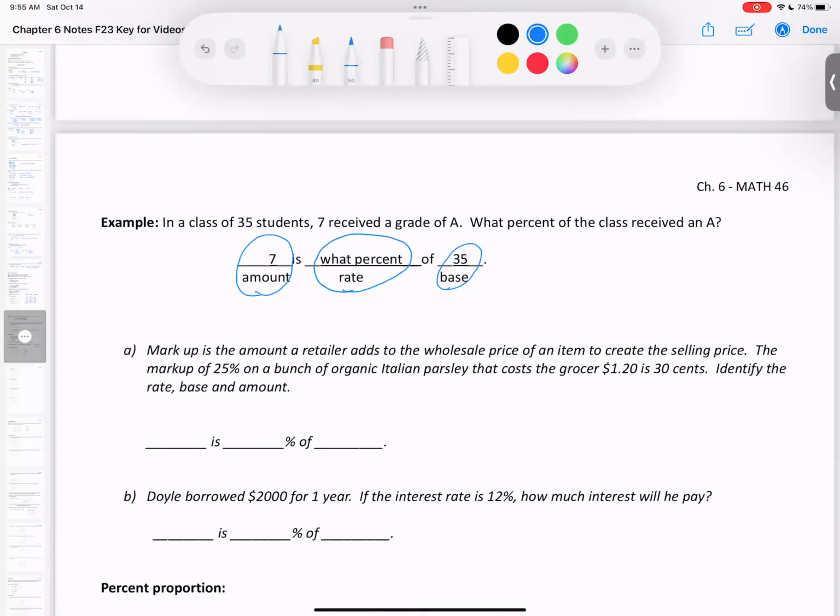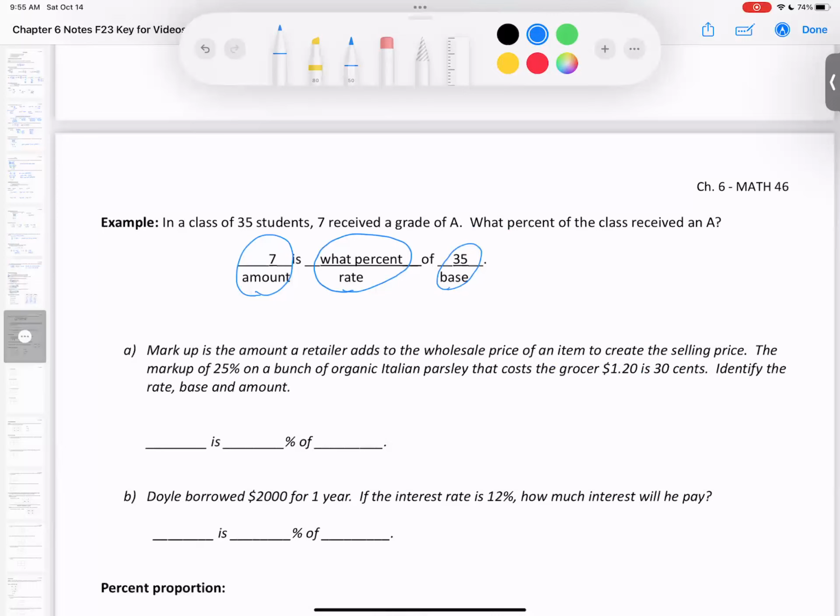Okay, let's look at this first one. When we're dealing with markup, that's the amount a store adds to its cost of an item to make a selling price. The markup is 25% on a bunch of Italian parsley that costs the grocer $1.20, and the markup is 30 cents.